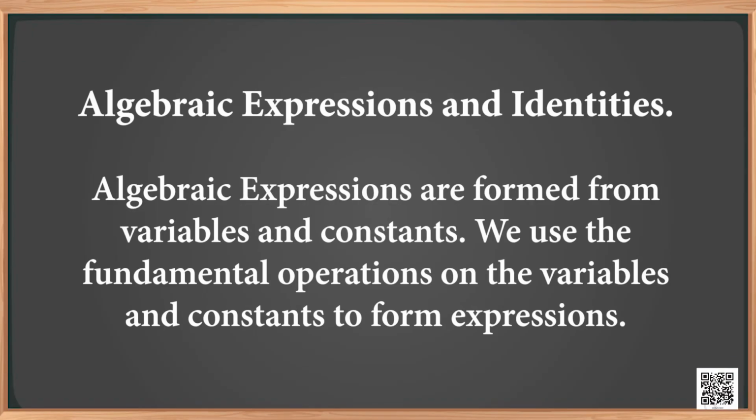Algebraic expressions and identities. Algebraic expressions are formed from variables and constants. We use the fundamental operations on the variables and constants to form expressions. Can you give some examples of algebraic expressions?